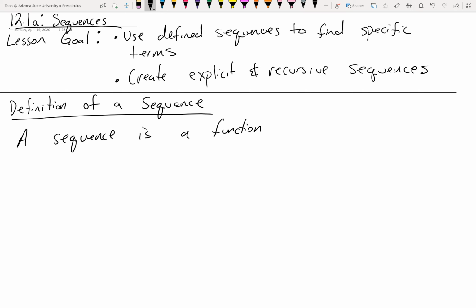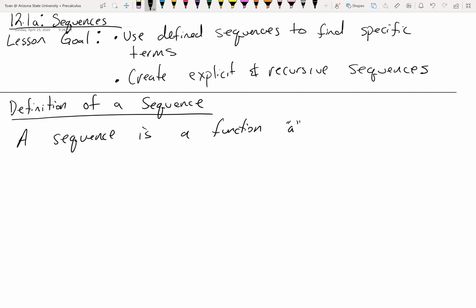Now, like a function, you usually give it a name. In function notation, we say f of x. I don't know why, but sequences typically start at the beginning of the alphabet: A, B, C. It's just one of those weird math things. So let's give this function name a.